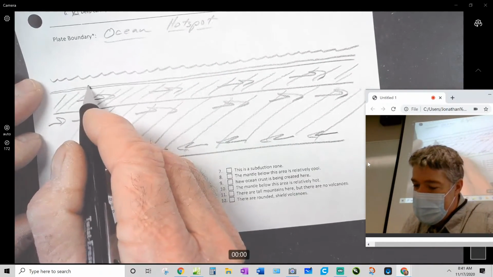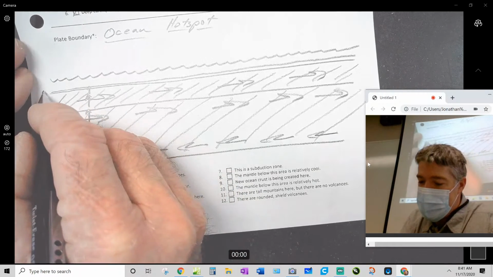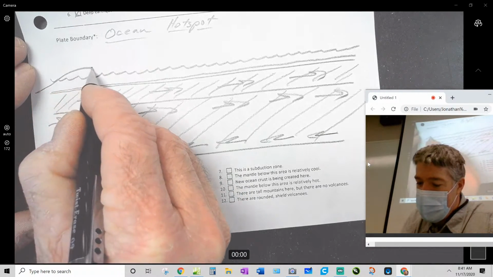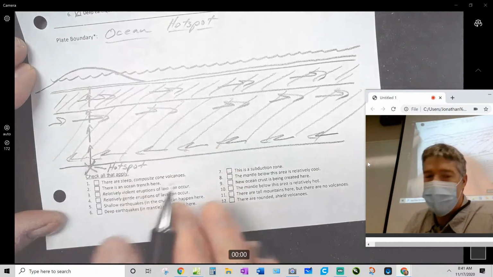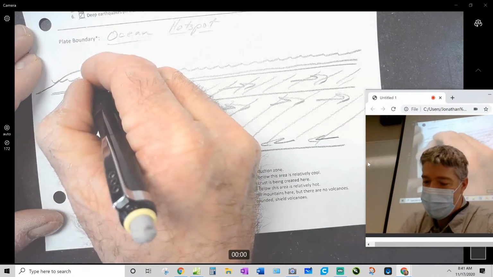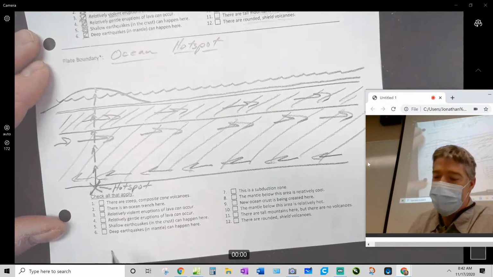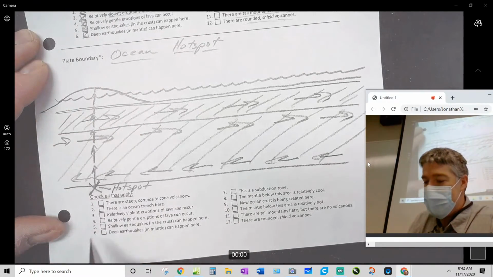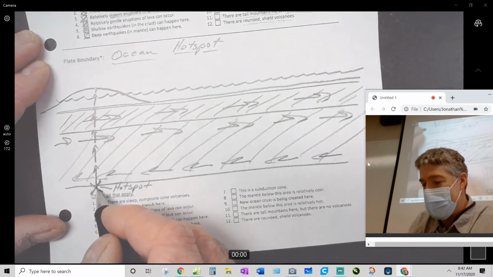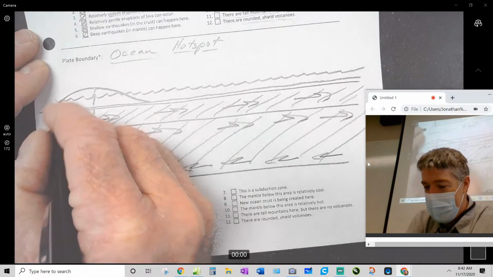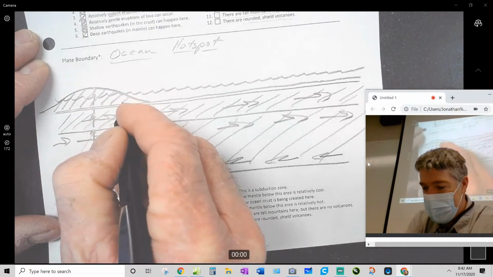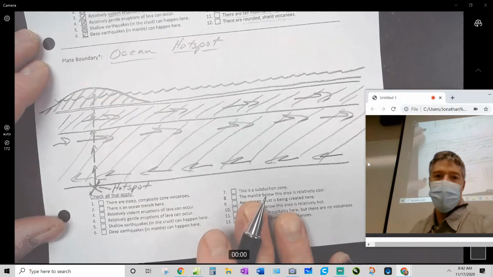So what this is going to do when it gets to the top is create a low rounded volcano like this. And it can actually be a tall volcano, but it's not going to be a steep volcano. And the volcano is going to be made out of the same stuff that came from the bottom of the mantle, so this volcano is going to be dark, mafic.